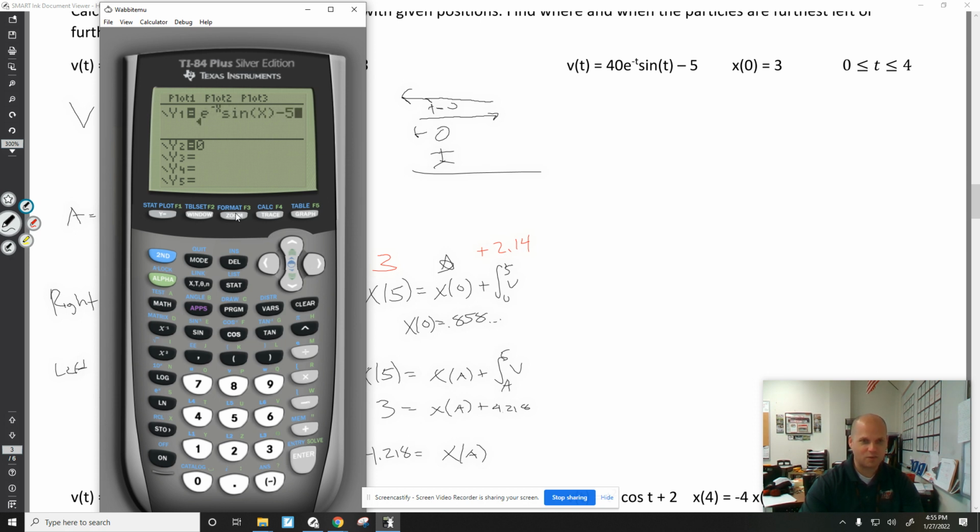The last one, the ones with, okay, at least x of 0 is 3. That's nice. They give me x of 0. So that means finding those areas is going to help me. I'm only going from 0 to 4. Let's hope we don't have 2 sign changes. I feel like we will. There's 1. There's 2. Don't tell me we have 3. Okay, this is good.